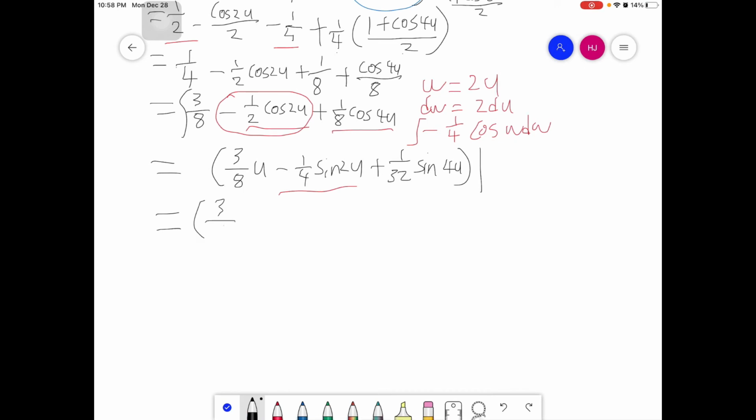So 3/8 times 2 pi x, minus 1/4 of sine 2 times 2 pi x, plus 1/32 times sine 4 times 2 pi x.